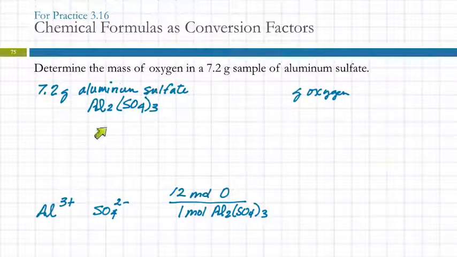Because in 1 formula unit, or call it a molecule, it's not really a molecule, you're going to have 3 of these sulfate ions. Each of them has 4 oxygens. 3 times 4 is 12. Okay? So this conversion factor comes from the chemical formula.